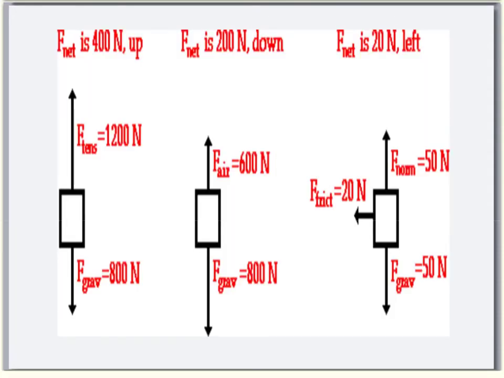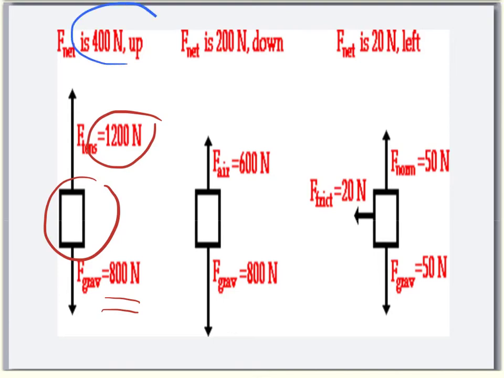So these are just little diagrams showing you unbalanced forces. If you have this object here, and the force of gravity is pulling it downwards at 800 newtons, so this is the value and the unit that we talked about, and something is pulling it upwards at 1,200 newtons, well then the net force is 400 newtons, and in which direction?